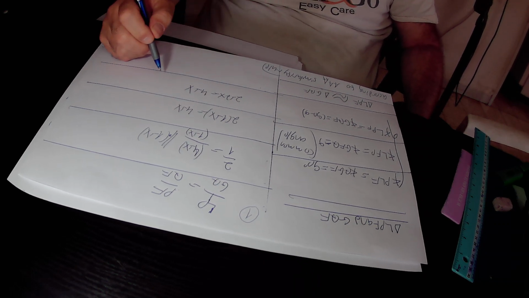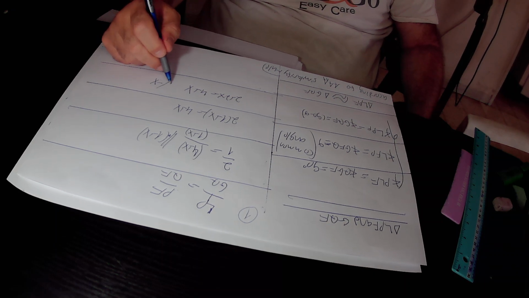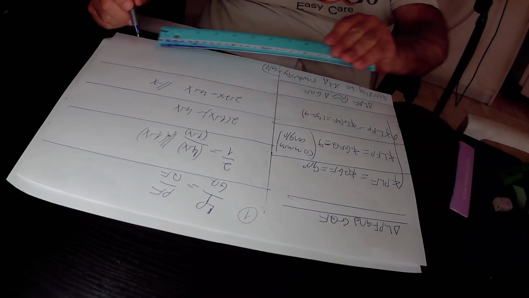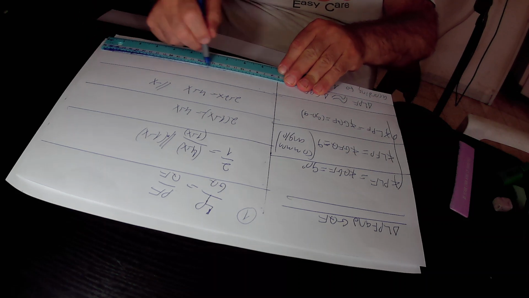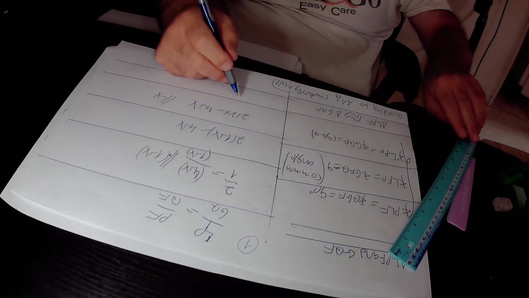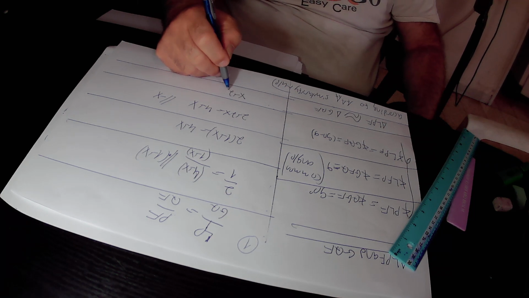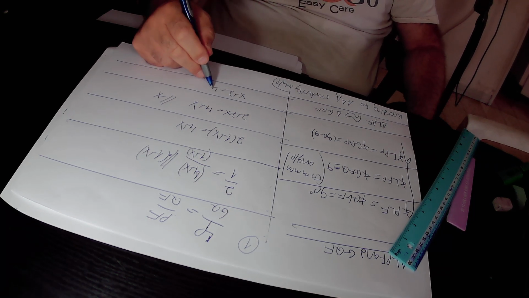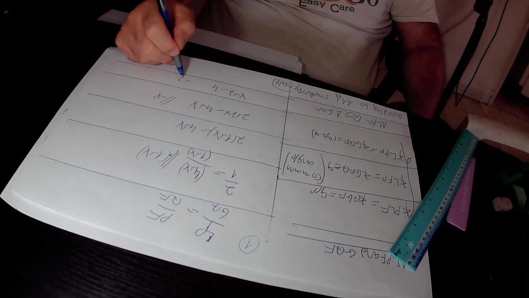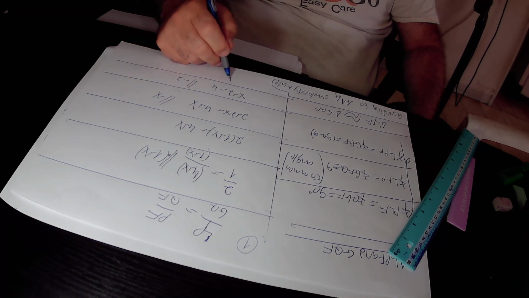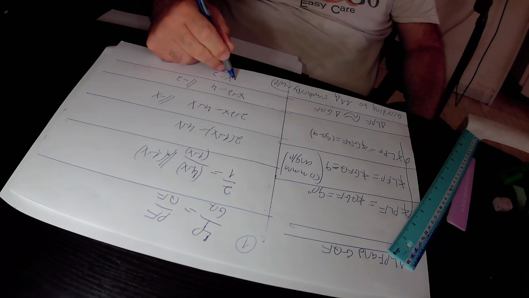So here we subtract x from this equation and we get that 2x minus x is x. So in total on this side of the equation we have x plus 2 equals 4. Here we subtract 2 from this equation and finally get that x equals 4 minus 2, that is 2.